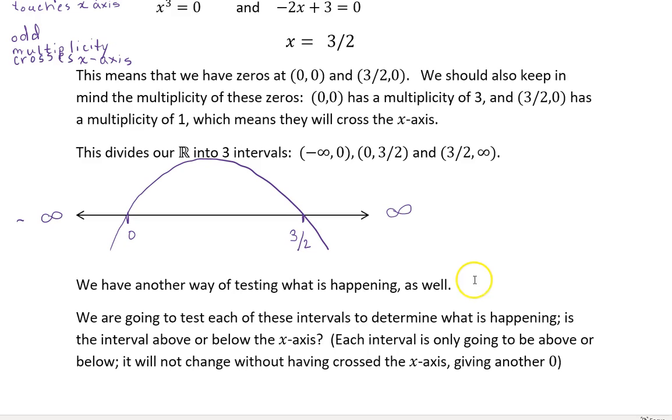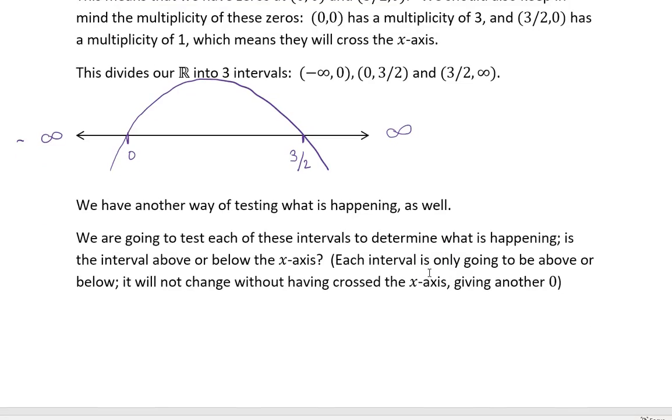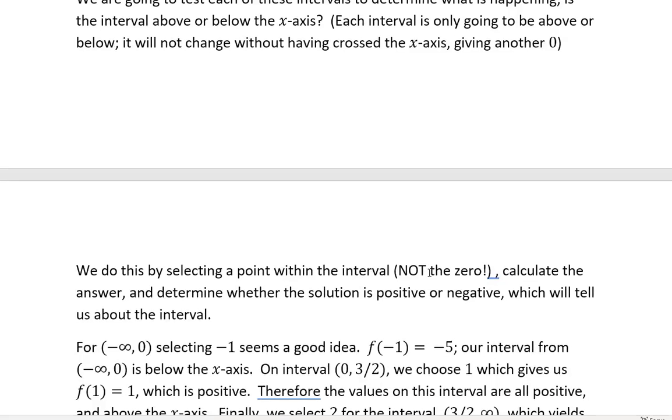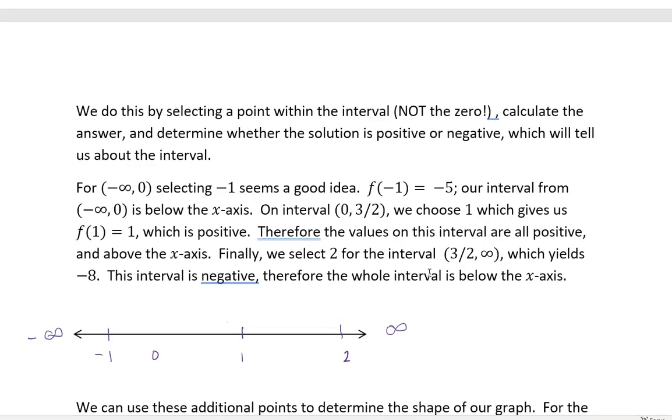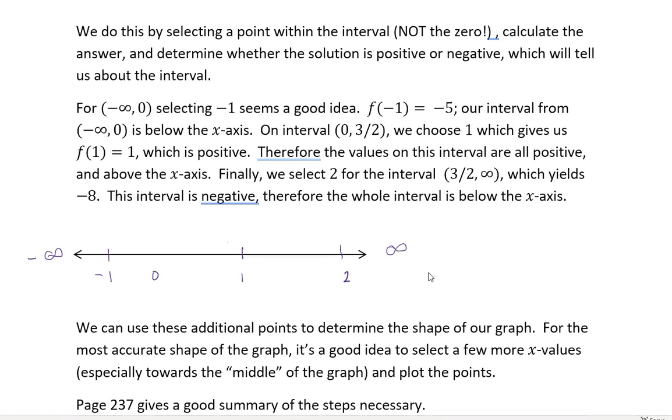There's another way, and I'm going to teach you that right now. So we're going to have those intervals, with my 0 and my 3 halves. And actually, why don't I go ahead and end this here, and then we'll pick up part 2 in just a moment.